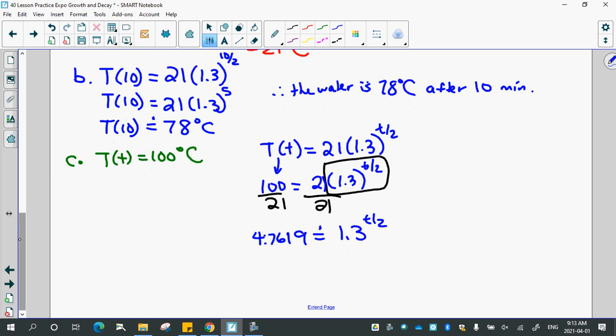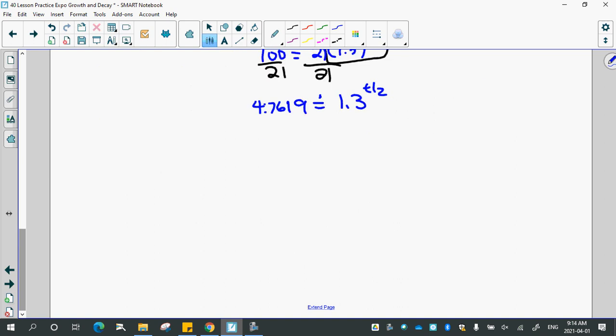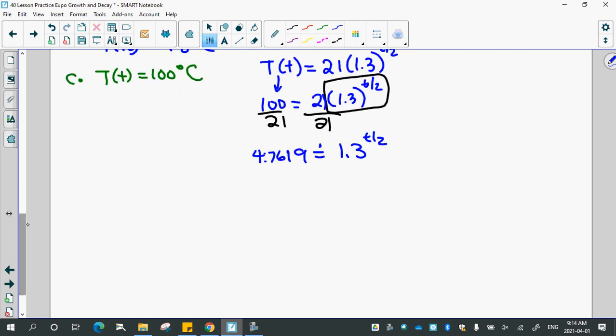So now I want to get the same base on both sides. So I want to rewrite 4.7619 as 1.3 to the something. You need to have the same base on both sides.